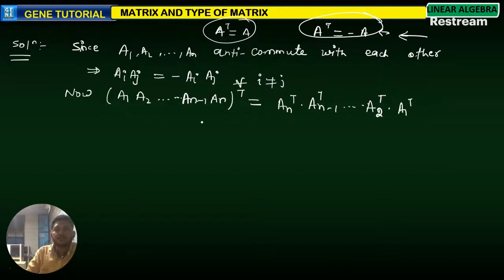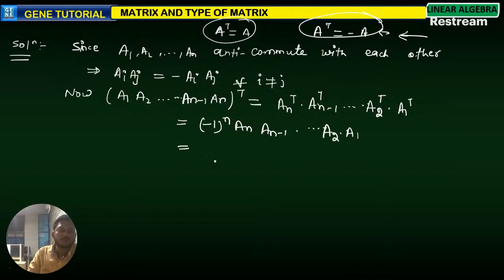Taking minus 1 to the power n as common for this sequence, we get An-1 ... A2 multiplied with An. These are the basic transposes for this.